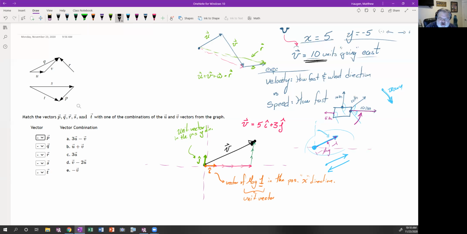They have how big they are and what direction they're going. They don't have a position. We could draw that vector w anywhere, and as long as it has the same length and points in the same direction, it is the same vector. Fair?